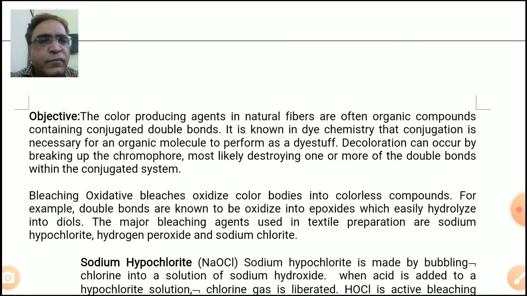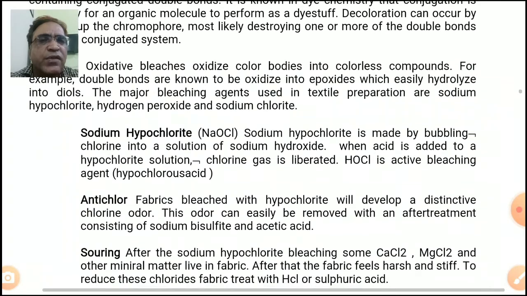As you are seeing on the screen, the objective is to remove the natural coloring matter present in the fibers. Oxidative methods are used for bleaching. Sodium hypochlorite is a chemical obtained by dissolving chlorine into a solution of sodium hydroxide.